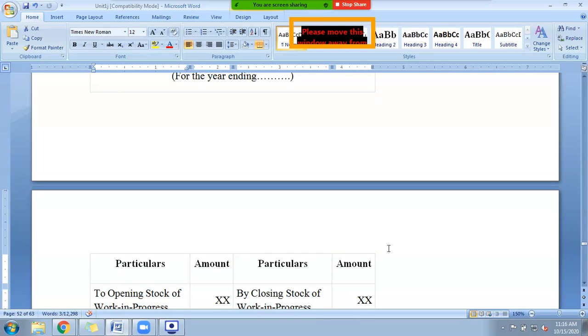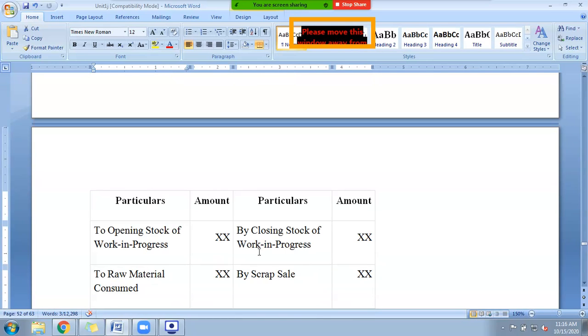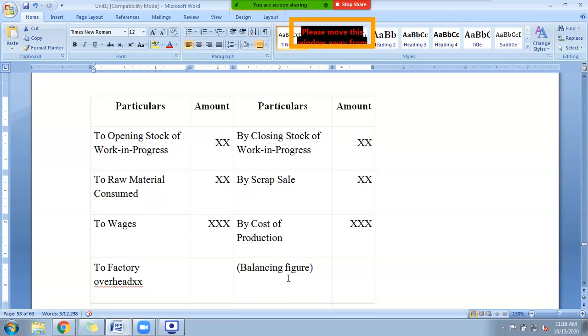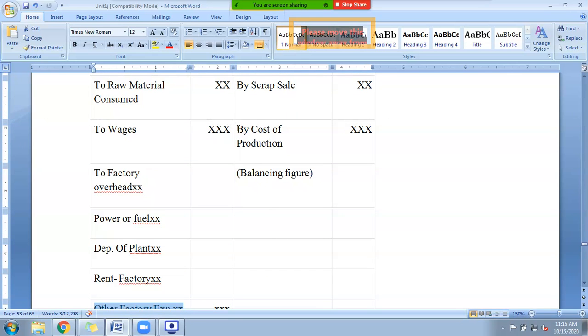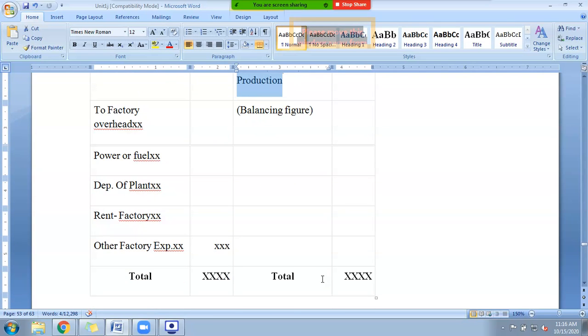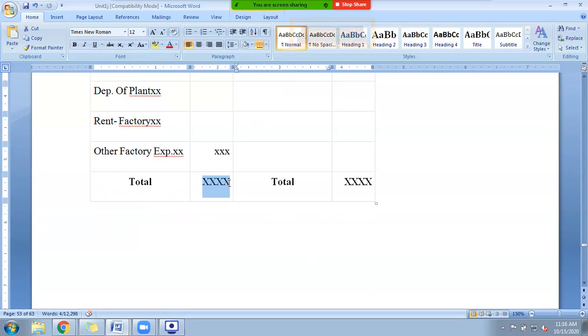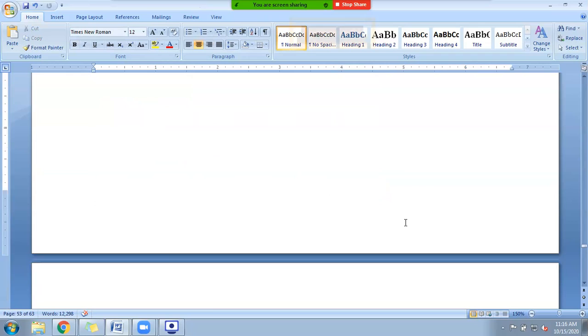Most probably you will not use it. For knowledge's sake, I am teaching this. By closing stock of work in progress, by scrap value, by cost of production. Usually the cost of production will be your balancing figure. So both sides, the value should be the same.